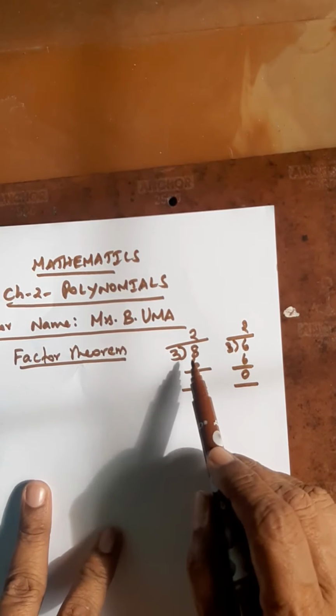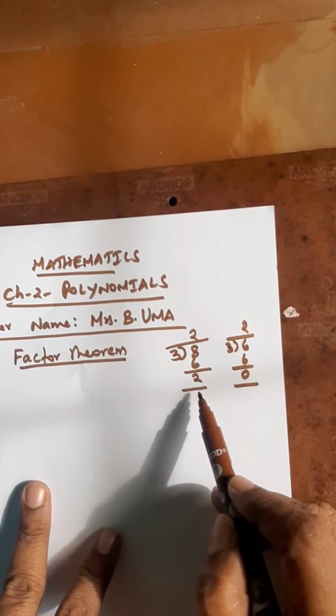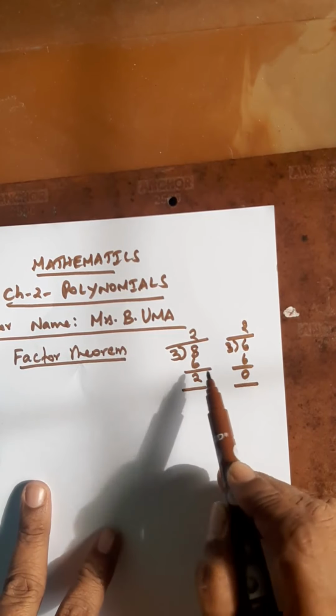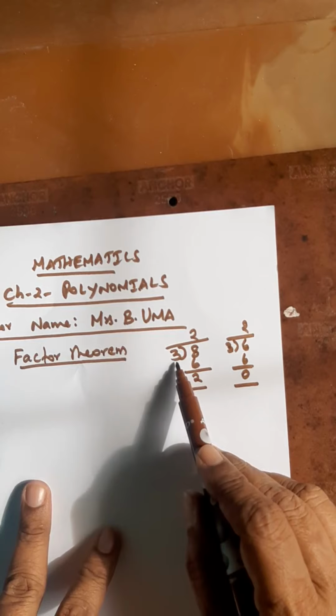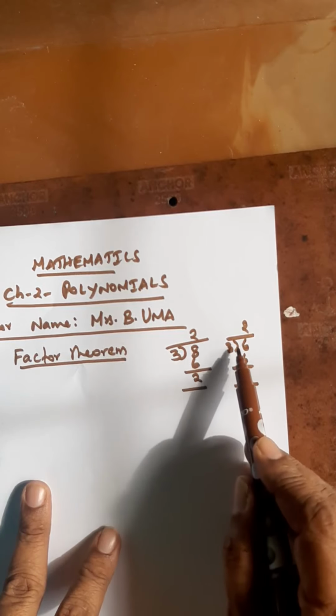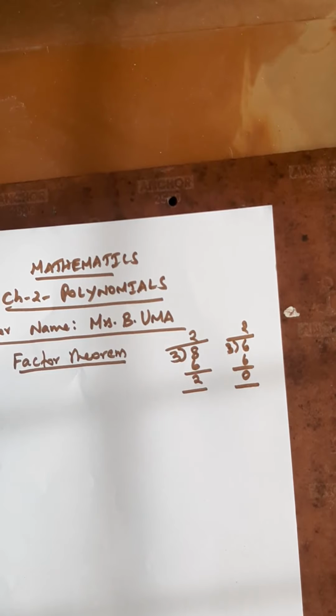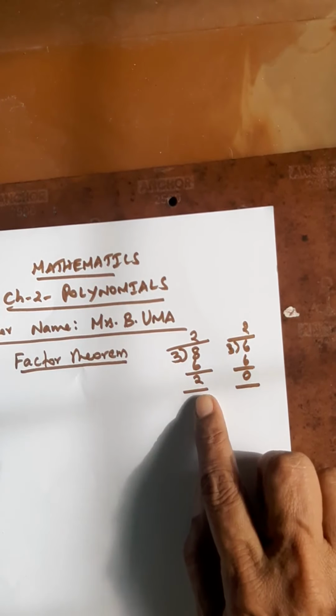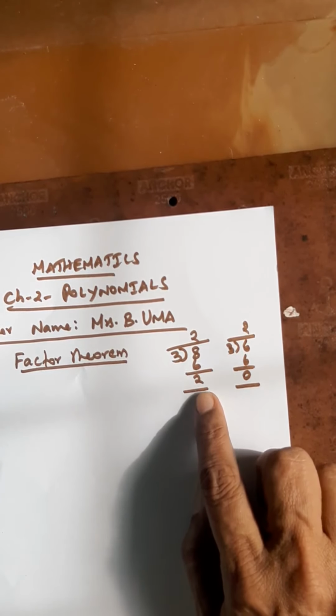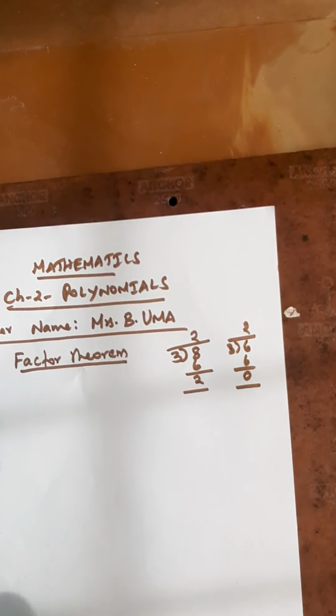Here when 8 divided by 3 I got remainder as 2. Here 0. So here I can say 3 is a divisor of 8. Here 3 is a factor of 6. When I get remainder as 0, then the divisor becomes a factor of the dividend. When I don't get remainder 0, then divisor remains as divisor for the dividend.